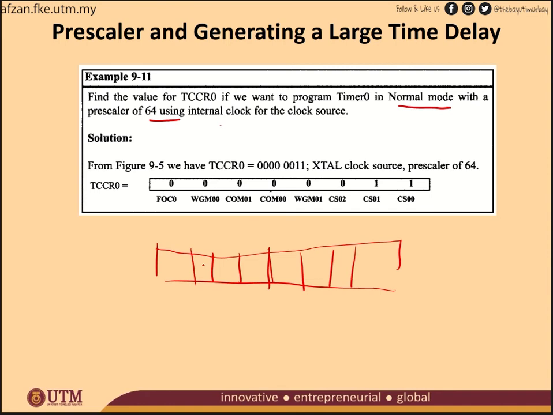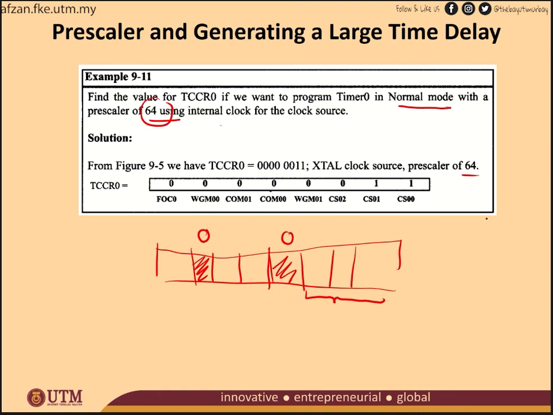You need to focus on bit 6 and bit 3 for the timer setting. Since this is timer 0 normal mode, you just put 0 0. On the prescale part, you're going to use 64.